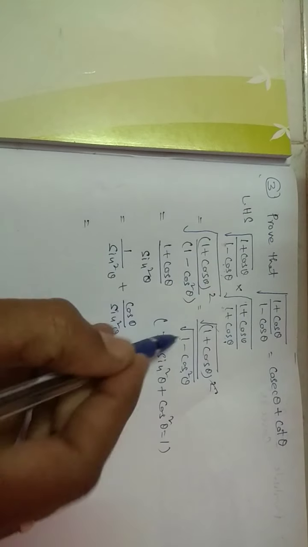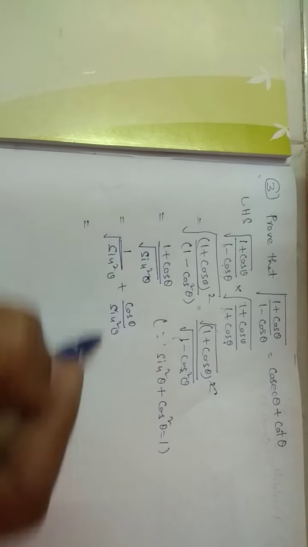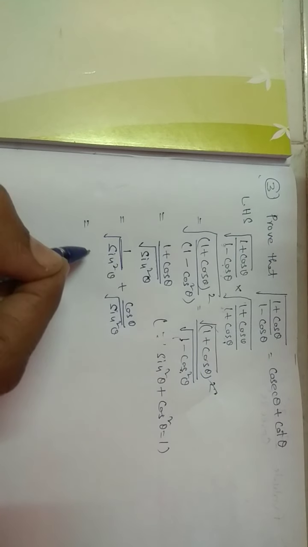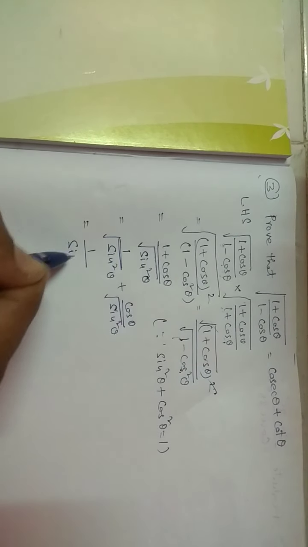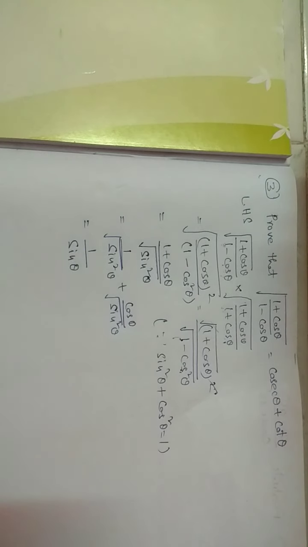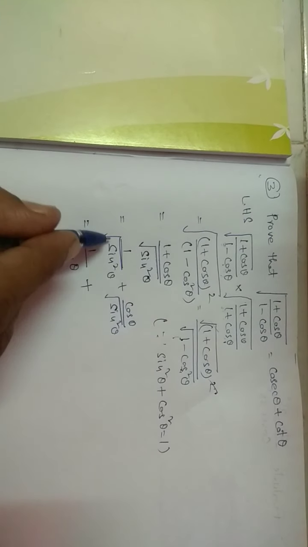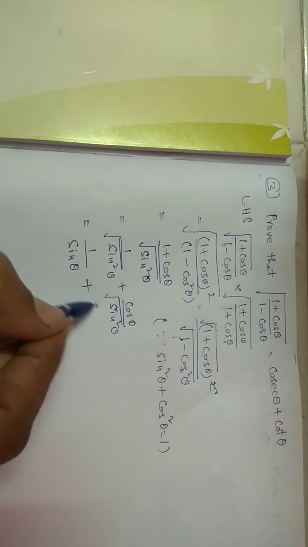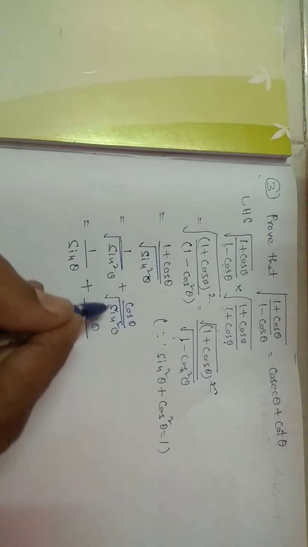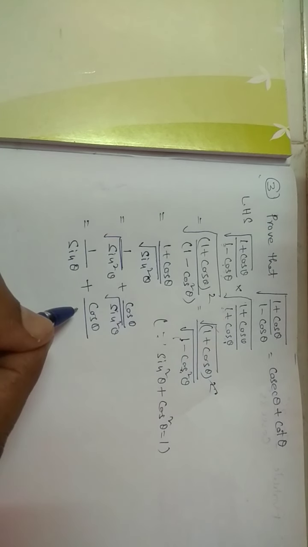Observe that the 1 is within the root. So here we get root of 1 by sin square theta, which is nothing but 1 by sin theta because of the root. Now cos theta by root of sin square theta cancels to give sin theta.